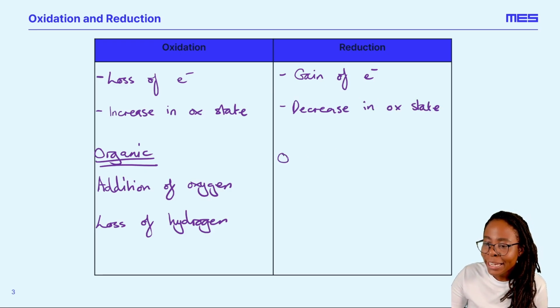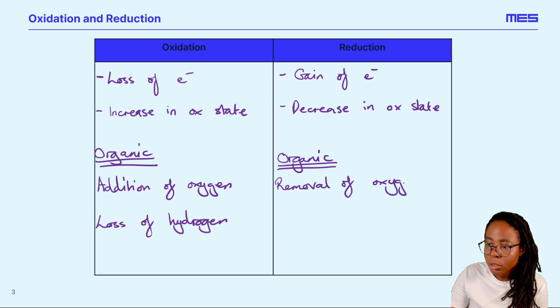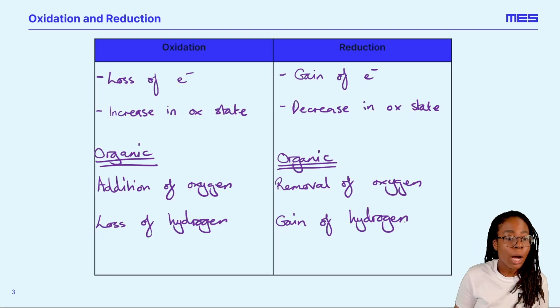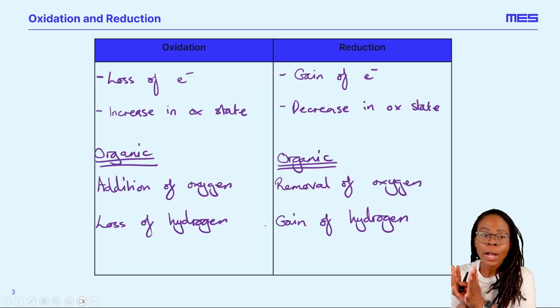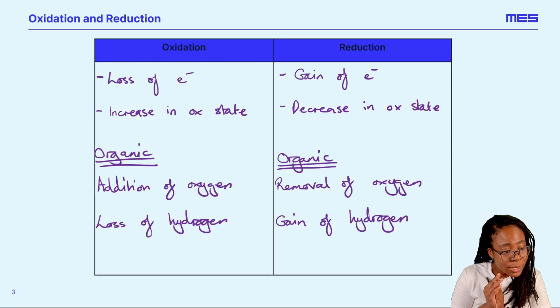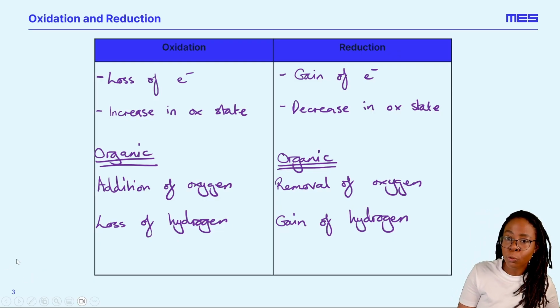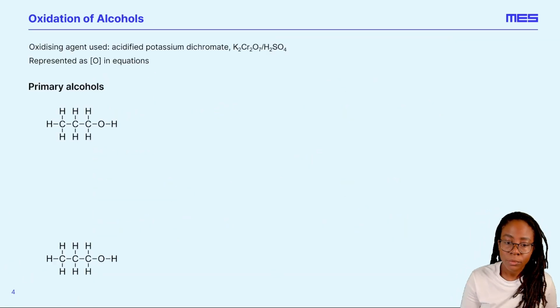But in organic chemistry, which is what we care about right now, we can think of it as the removal of oxygen or the addition of hydrogen. Now we've got our alcohol classification, we've got our redox definitions. Let's smush them together so we can look at the equations for the oxidation of alcohols.